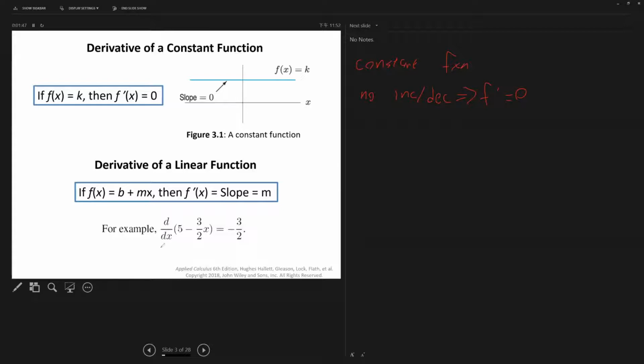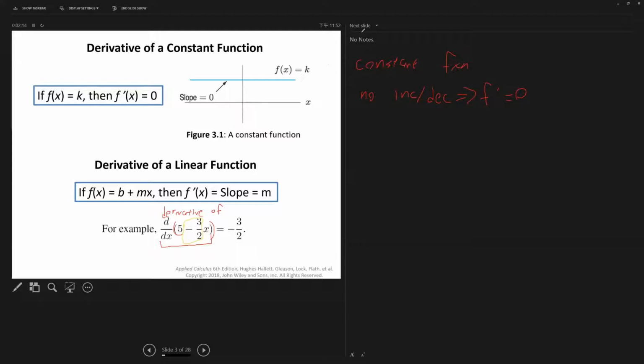So for example, if you have this notation, it means the derivative of this expression right here is going to be -3/2, because -3/2 is the slope of the function, which appears right before x, right here.